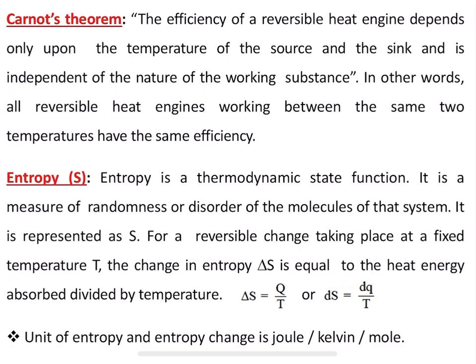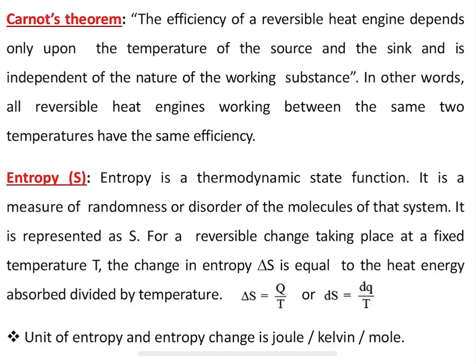We also derived an equation to find the efficiency of the heat engine. The efficiency of the heat engine is defined as the amount of heat converted into work divided by the total amount of heat absorbed.